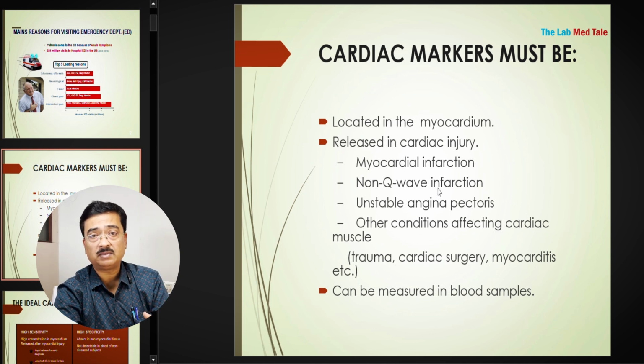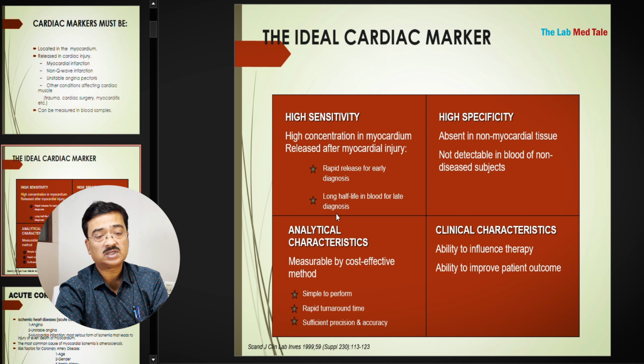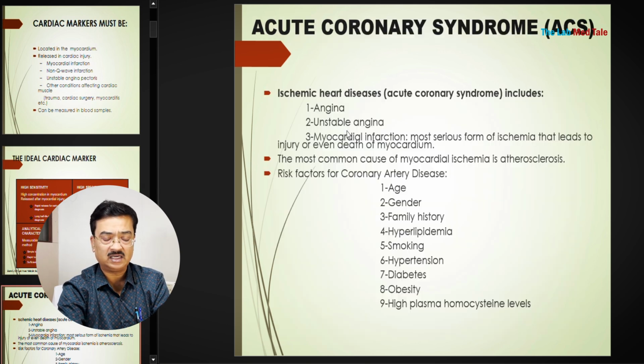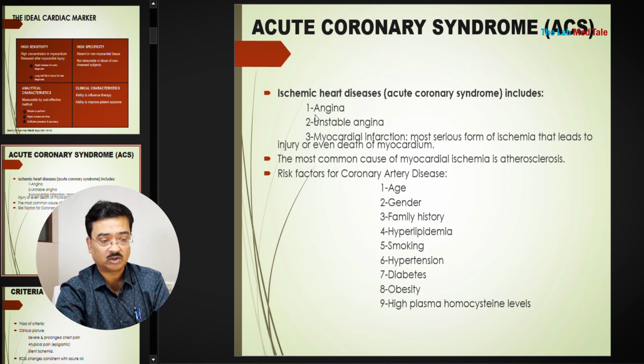When the myocardium is damaged, it releases its markers. As I have already told in the previous lecture, these are the ideal characteristics of cardiac markers: high sensitivity, specificity, clinical characteristics, and analytical characteristics. I have already dealt with these in my previous lecture, so I am not going into them again.